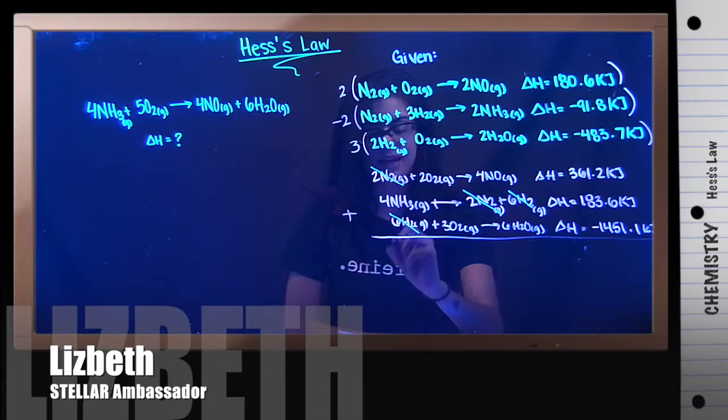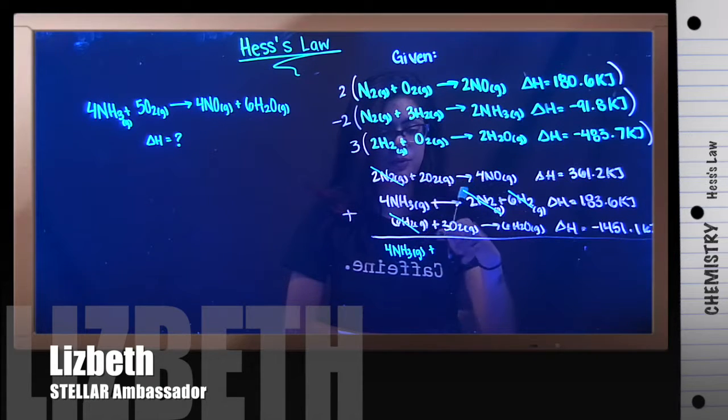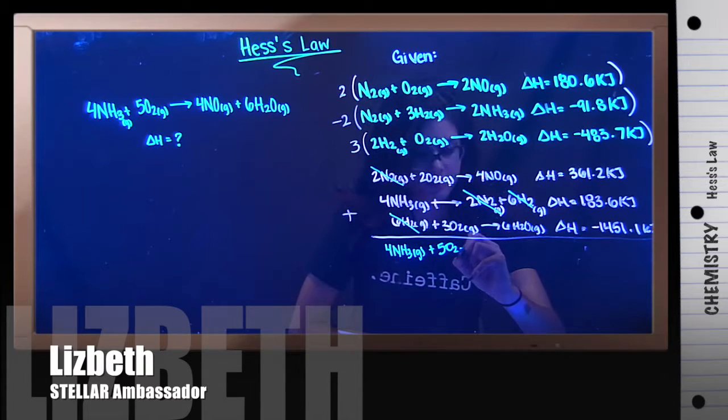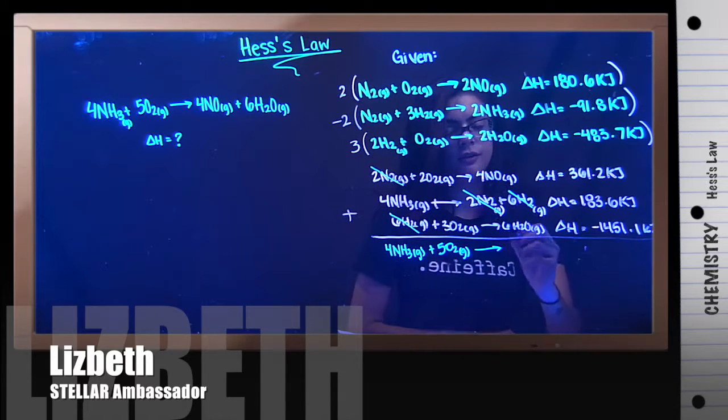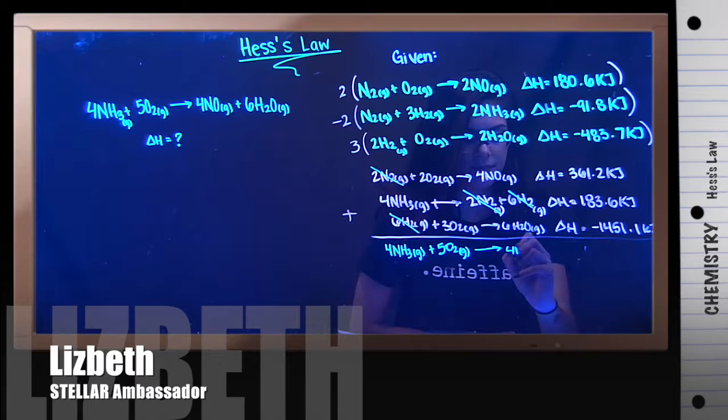So now I have 4NH3 gas plus 2 plus 3 is 5O2. And then I don't have anything else left over there. Yields 4NO gas and 6H2O.